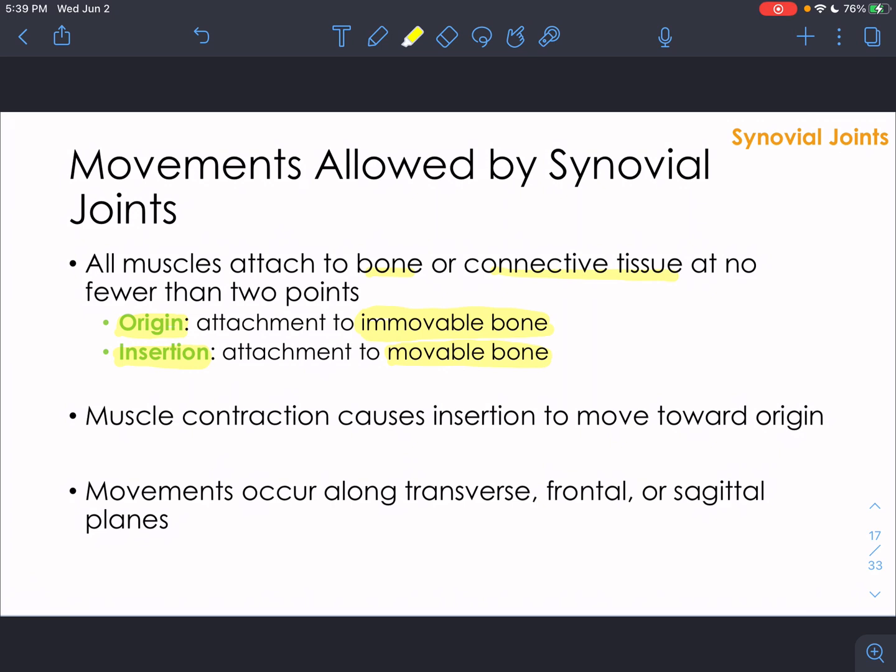So when you contract your muscle, the insertion is going to move towards the origin, and that's going to produce a certain type of movement. Again, insertion moves towards origin. And movements can occur along any of the planes, so transverse, frontal, sagittal planes. And there's different names for each of these different types of movements that we'll talk about in a minute.